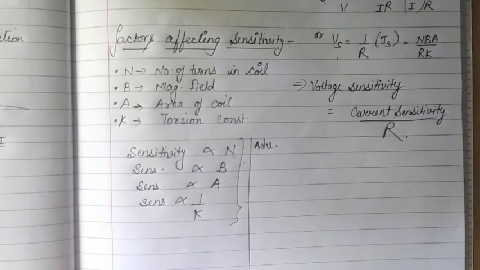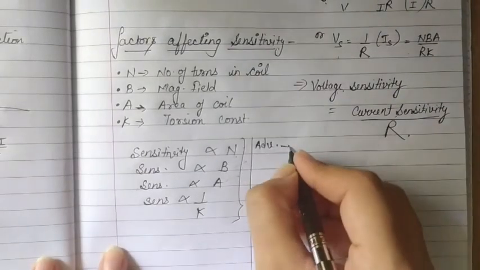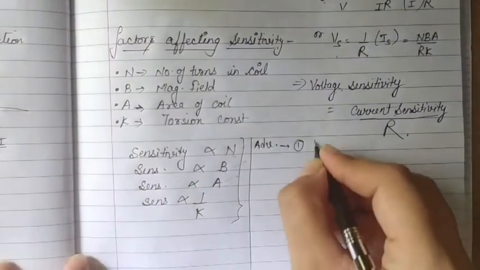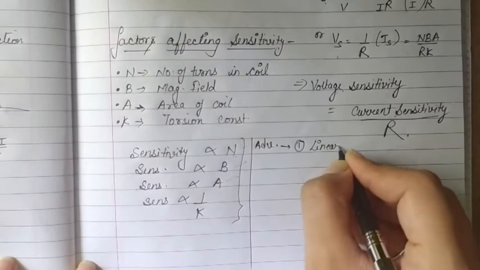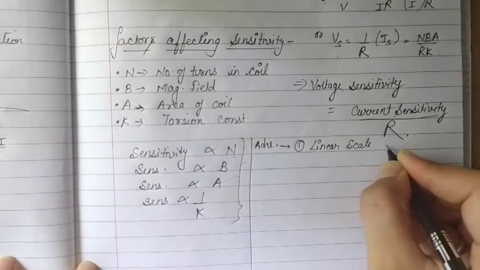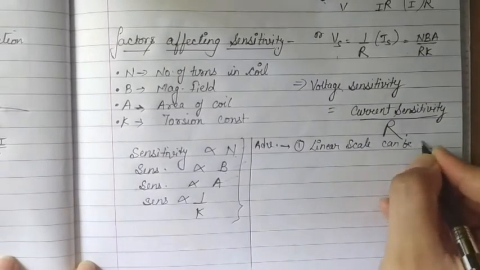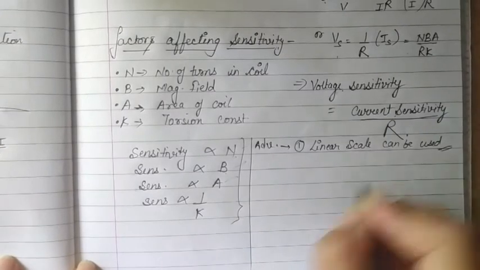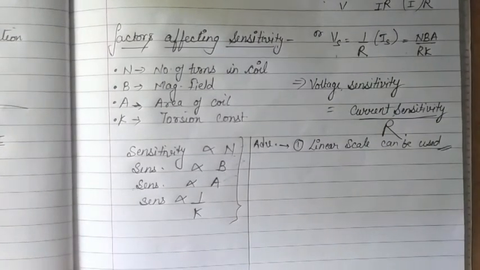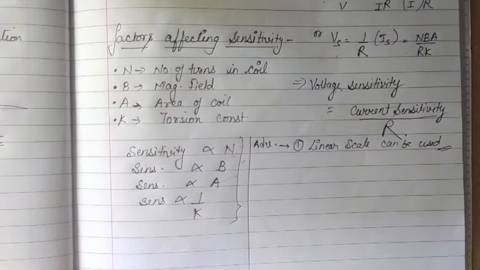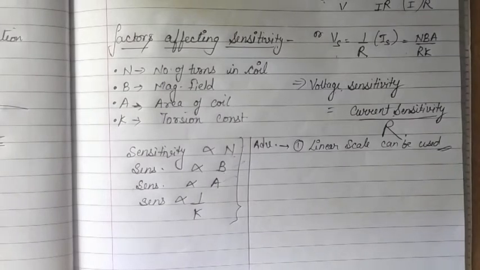So we can conveniently use a linear scale to measure the deflection. So the very first advantage is that a linear scale can be used to measure deflection conveniently, since alpha is directly proportional to I.